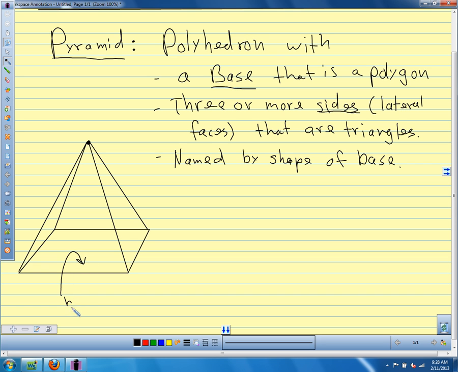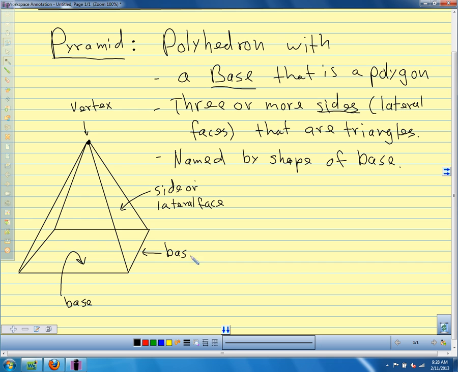So this shape is our base. The triangles are our sides or lateral faces. Lateral just means side. The tip of the pyramid is the vertex. This edge down here at the base is called the base edge.